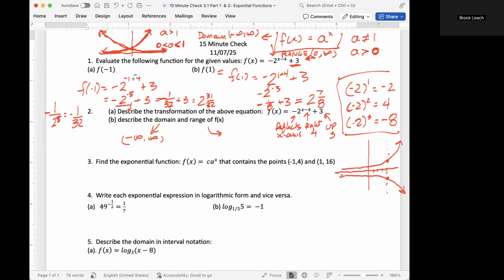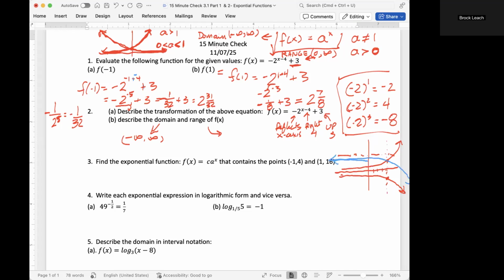But now we've moved it up, how many units? 3 units. 1, 2, 3. If this was kind of our new x-axis, it's going to look like this.